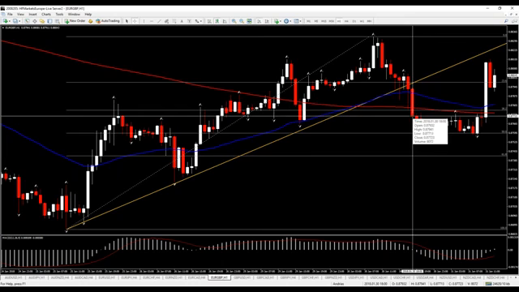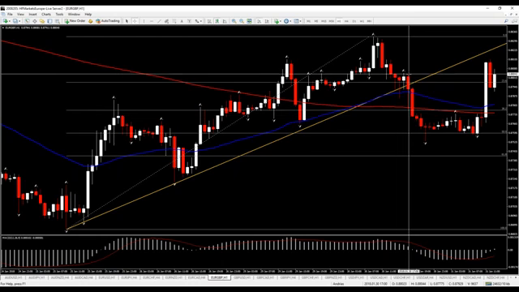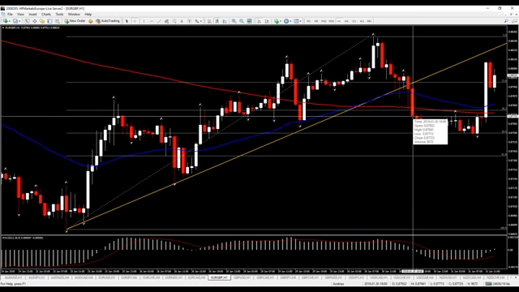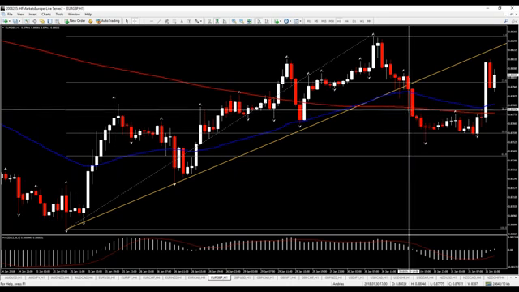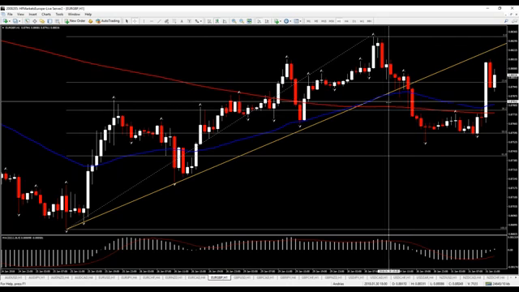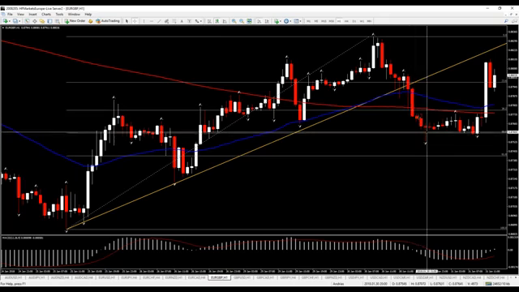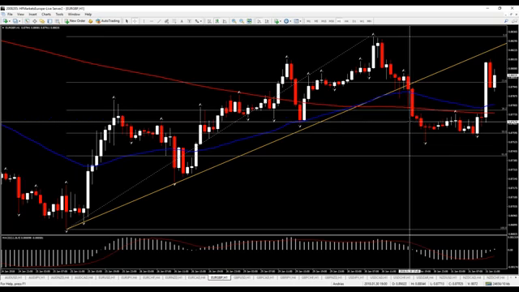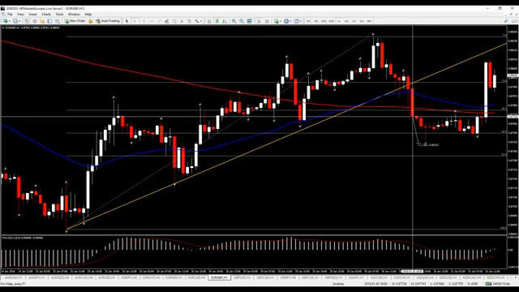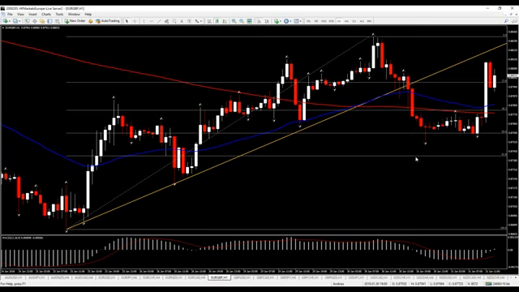So we had a closure of my hourly candle below both moving averages, below even the 38.2 Fibonacci level. That's another strong indication of down movement. So it did go down another 20 pips. So 20 pips down is 20 pips down.